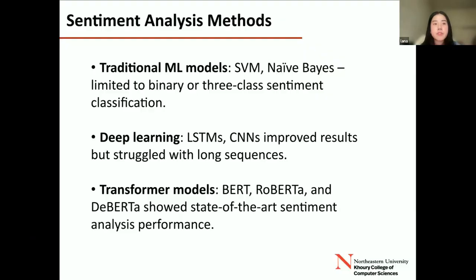And the most recent variant of BERT, called DeBERTa, Decoding-enhanced BERT with disentangled attention, further improved on BERT and RoBERTa by introducing relative position embeddings, which help the model to understand word order better. And these refinements have set new benchmarks in NLP tasks overall.